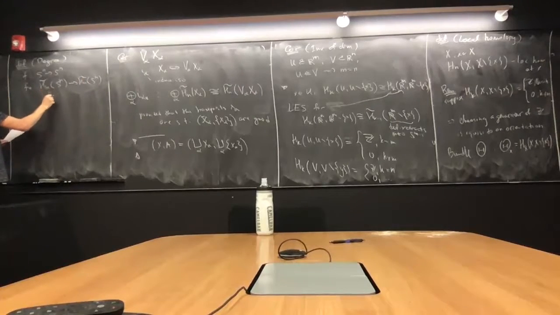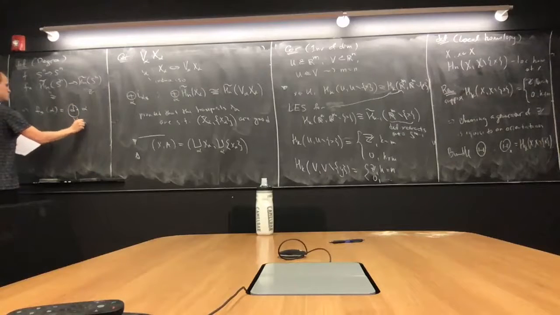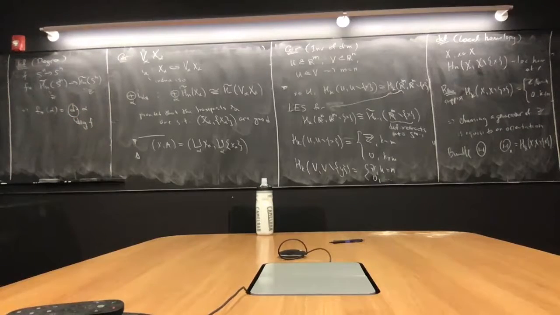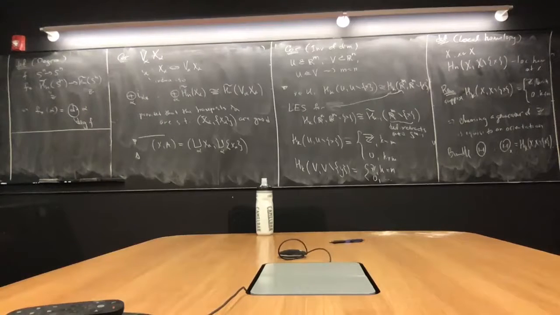But both of these are Z. Therefore, f star of a cycle has to be equal to some number d times the cycle. So this is called the degree of f. In physics, it's sometimes called the winding number, like for the circle when n equals 1.